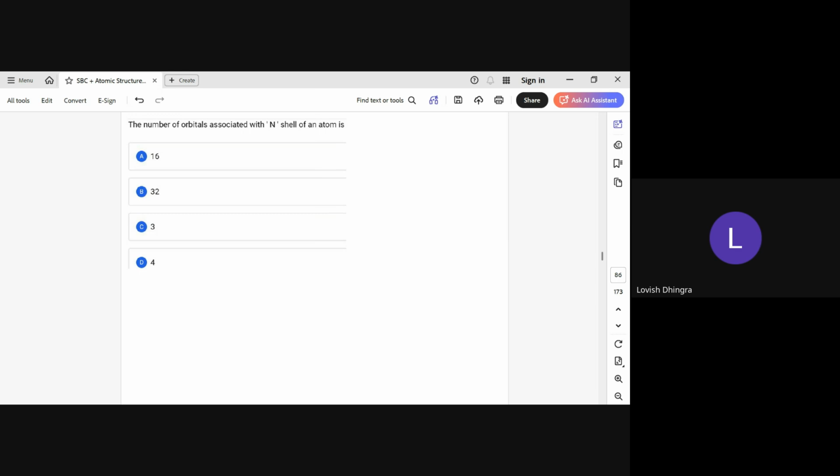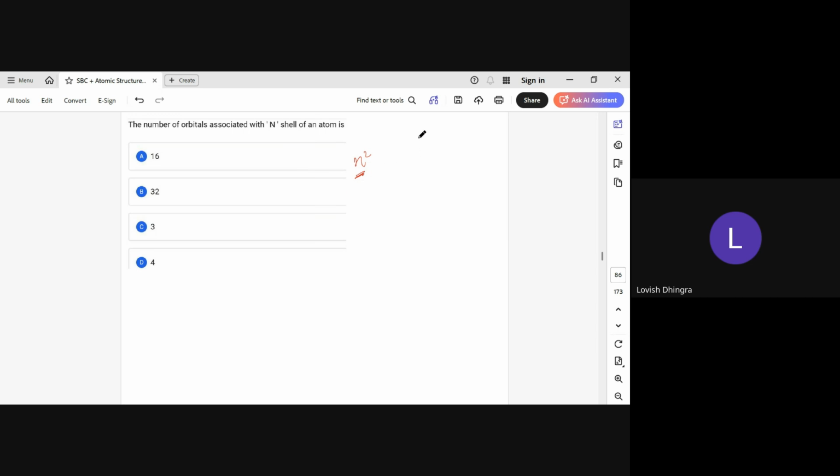So number of orbitals associated with the n shell of atom. How do you check for any shell? That is n square. Clear? Where n corresponds to that particular shell.